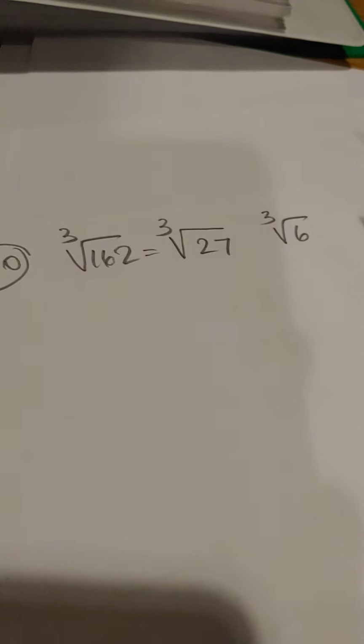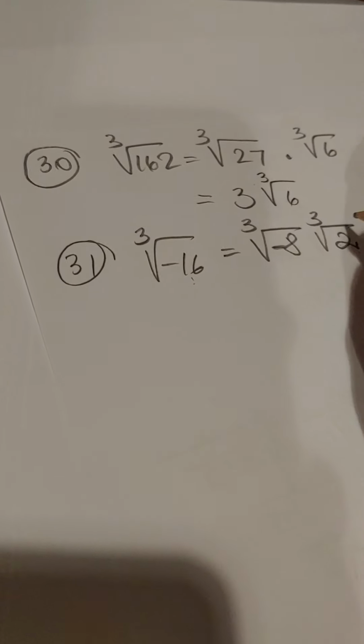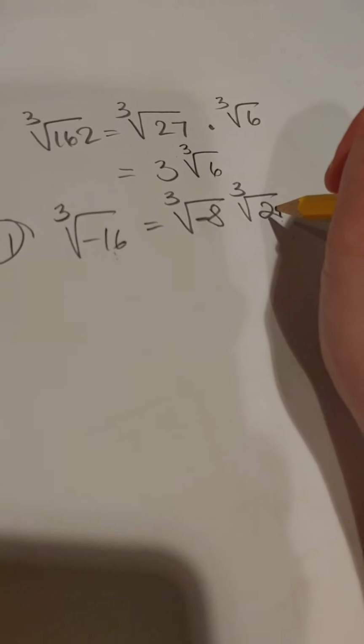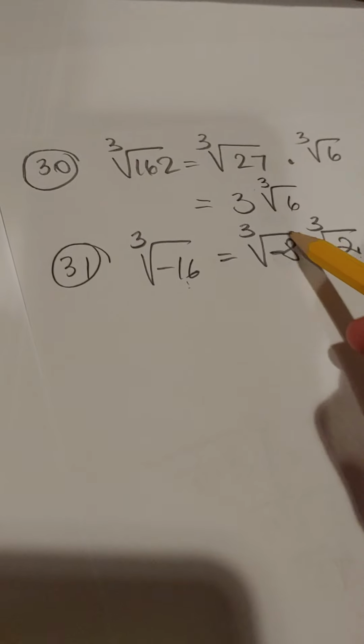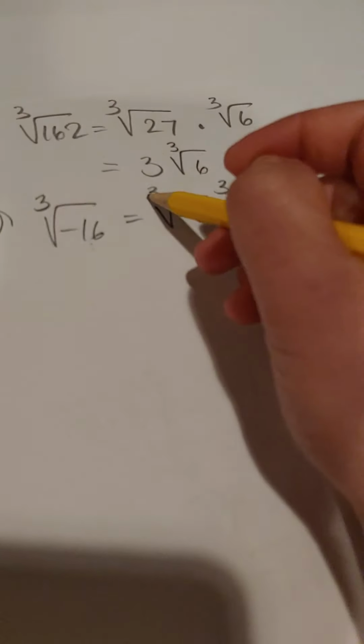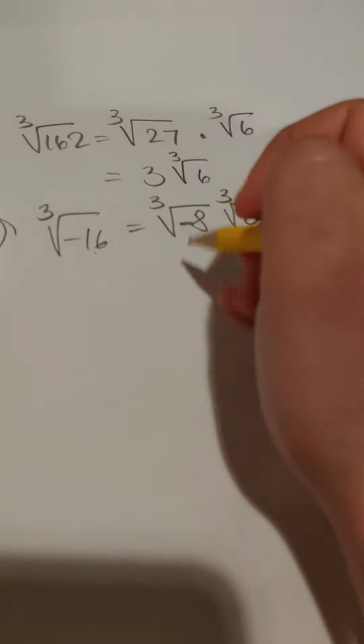It's going to work, but we don't want the radicand, the number under the root, to be negative on the leftover part. So we're kicking the negative out, so the negative is going to be part of 8. So it's going to be negative 8. Cube root of negative 8 is going to give me negative 2. And this part is just going to be left alone.